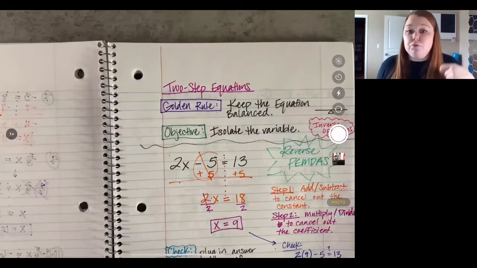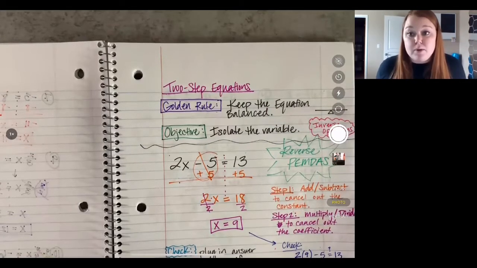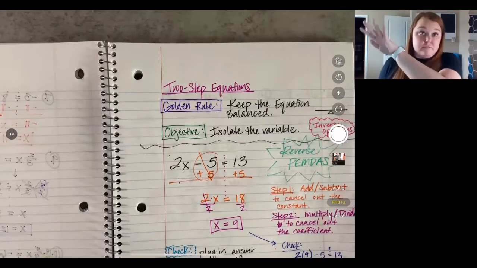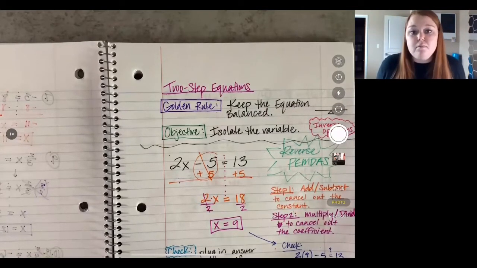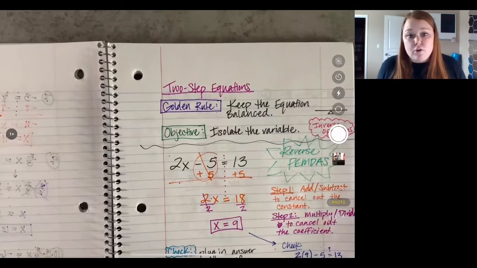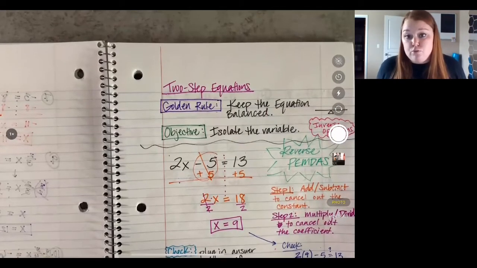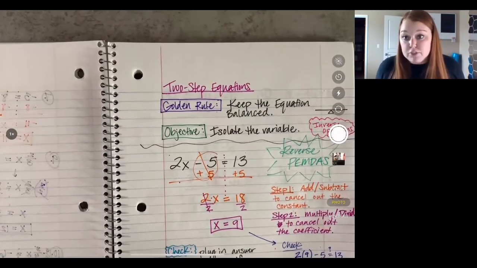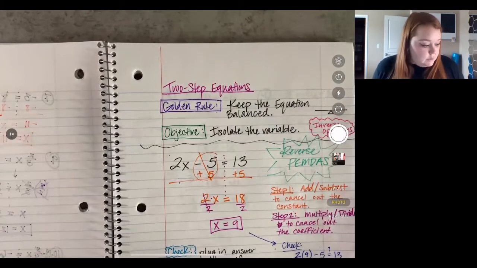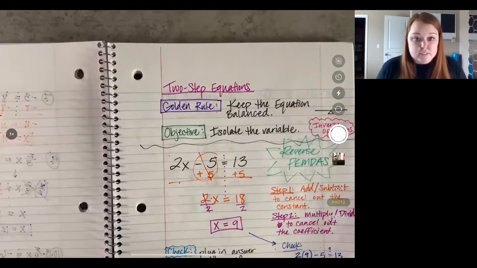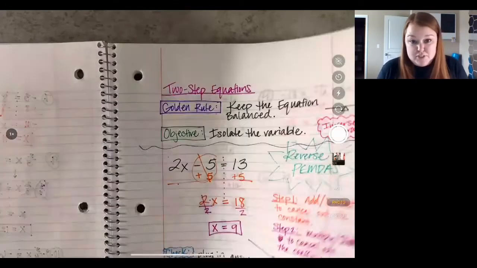But the golden rule still applies. We always have to keep our equation balanced. So if I'm going to divide by 5 on this side, I also have to divide by 5 on this side. And the overall point of an equation is to get that variable by itself, to isolate the variable. So open up to your next blank page, and this lesson is going to be called multi-step equations.